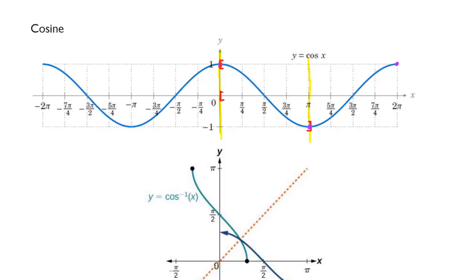So my domain for this function that I restrict it to is from 0 to pi. That way, when I check the horizontal line test, I can see that it passes that horizontal line test for all values between -1 and 1.